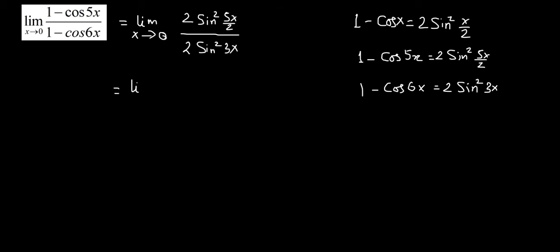which will be equal to limit x approaching 0. The 2 and 2 get cancelled, so we have sine 5x over 2.